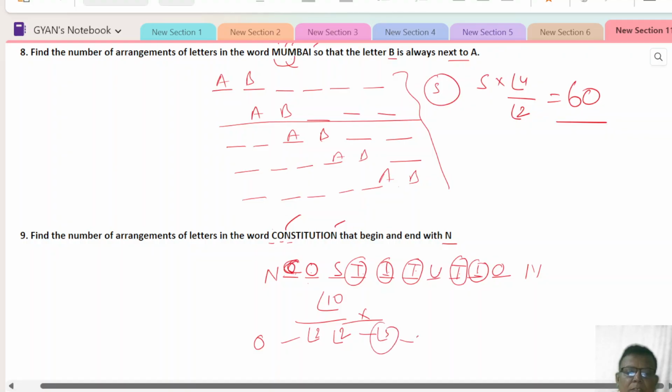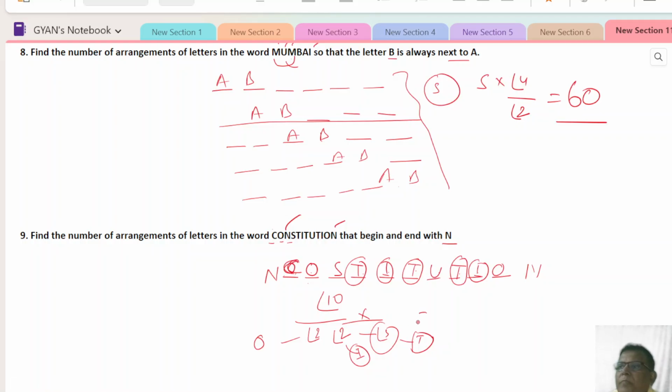This is for T and this is for I. So the answer will be factorial 10 divided by factorial 3 factorial 2. So this is the answer.